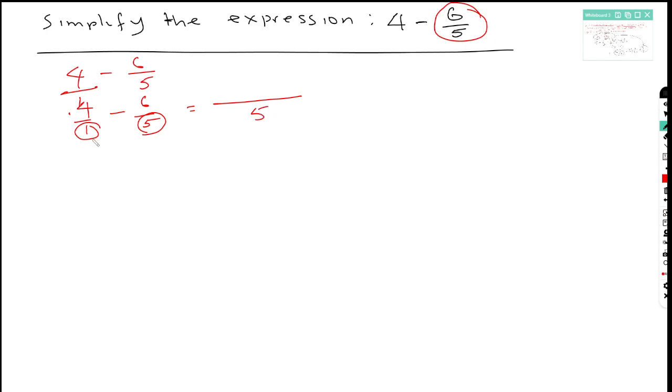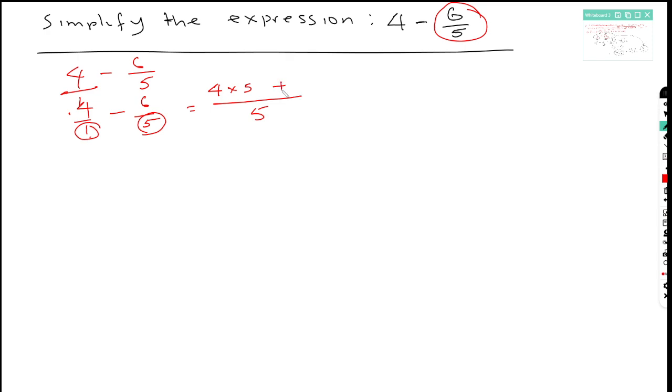So that means 5 times 1, and you have to do the same thing up here, which is 4 times 5.